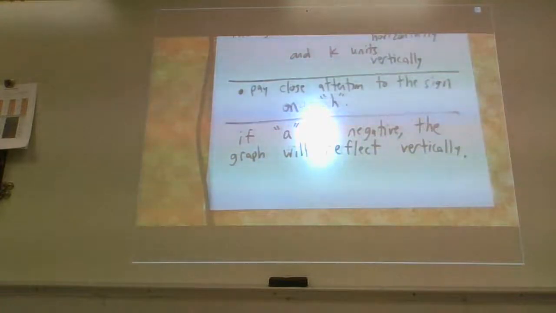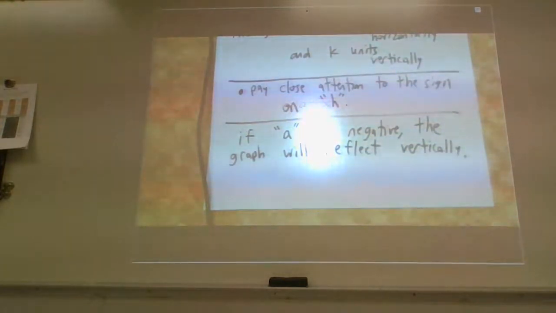If A is negative, then the graph will reflect vertically, meaning up and down. I'll show you a couple examples just to nail that point home. But you have to pay close attention to the A value if it's negative.